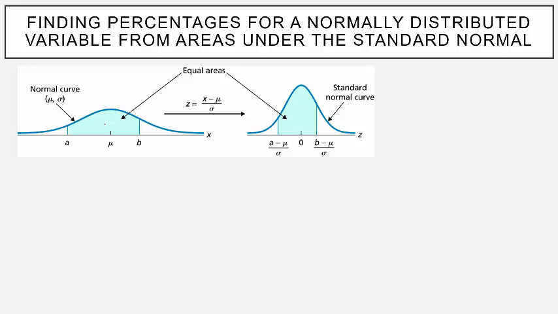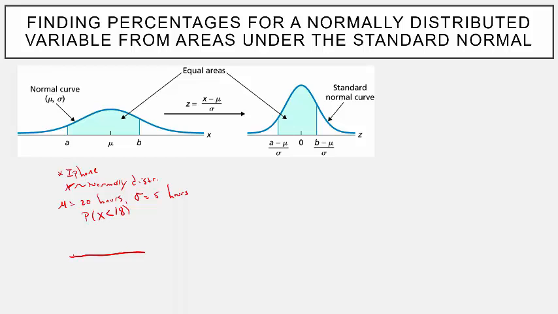Let me show you the iPhone example, okay? x here was normally distributed. The mean was 20 hours, and the standard deviation was 5 hours. The problem we had was that I wanted to find the probability that the talk time was less than 18 hours.